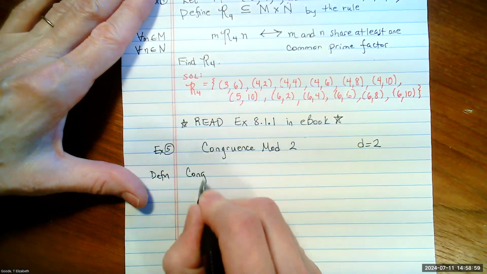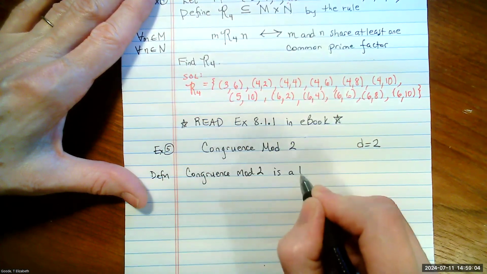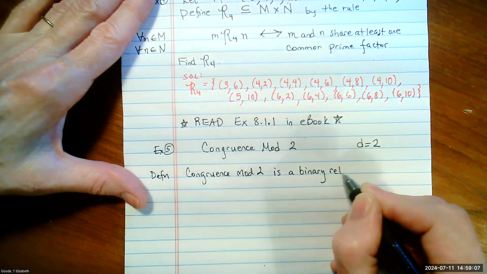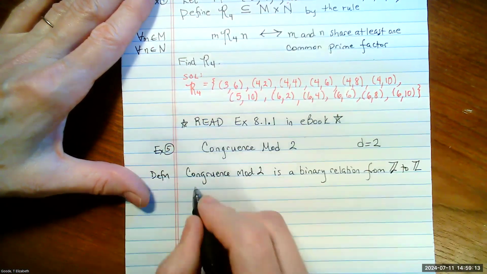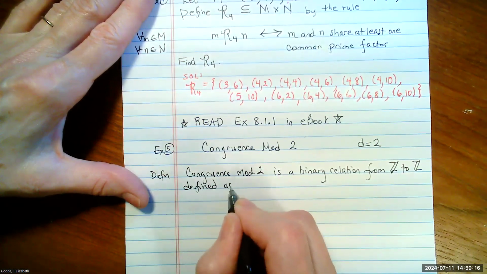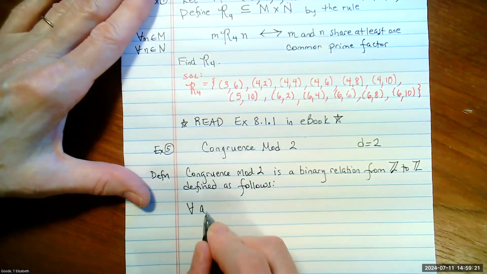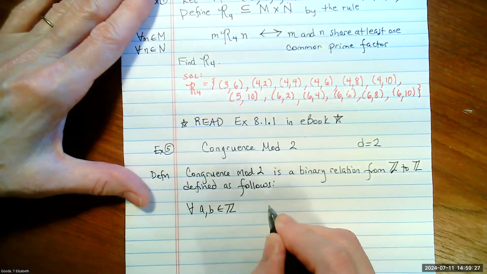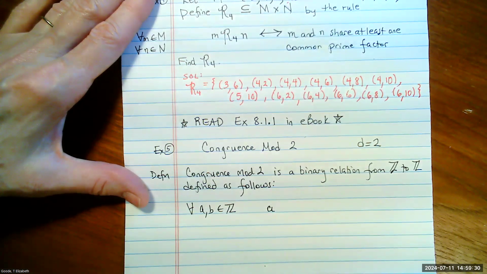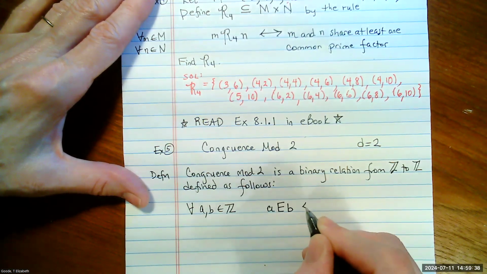So congruence mod 2 is a binary relation from Z to Z defined as follows. For all A and B in Z, let's see what the notation is that she's using. A is E to B if and only if.